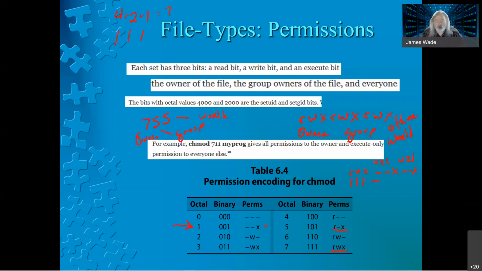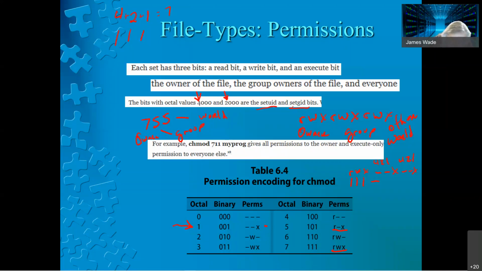Okay. Now, remember how I said set UID and GID. We want to give them higher privileges. Well, we do that by setting this to 4 and 2.